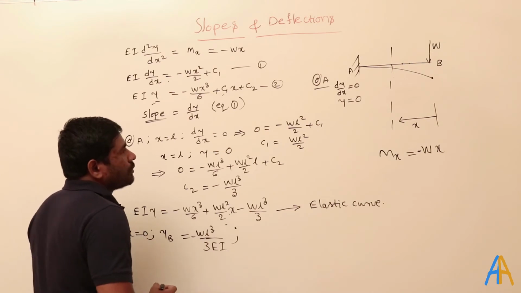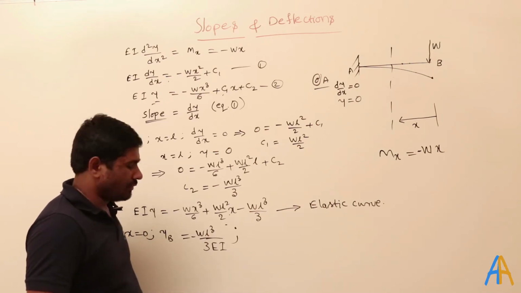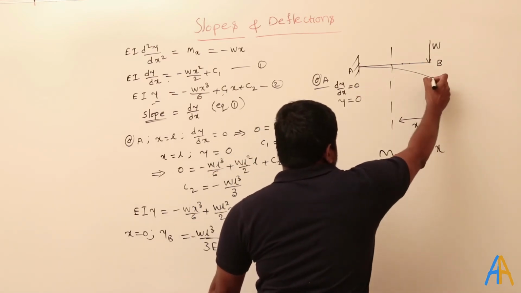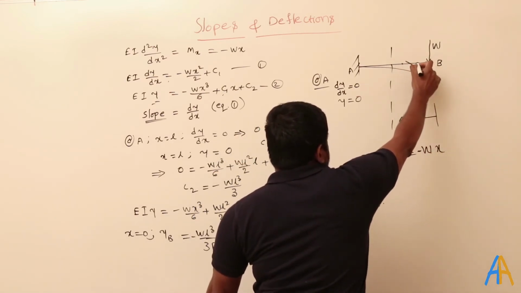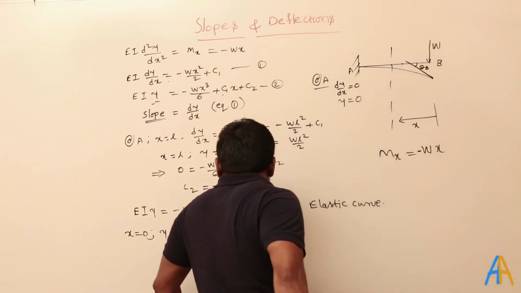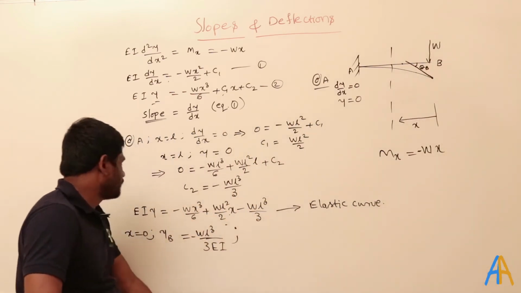And what is the slope that is formed at B? What is the meaning of the slope? The meaning of the slope is, if you draw a tangent here, it is going and touching here. This is theta B. So how much theta B is acting here? How to find out theta B?